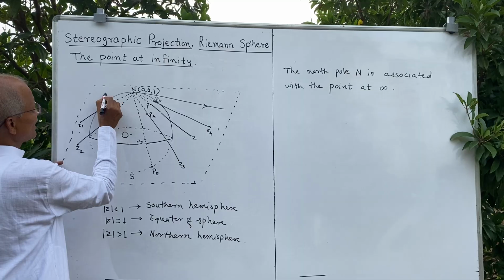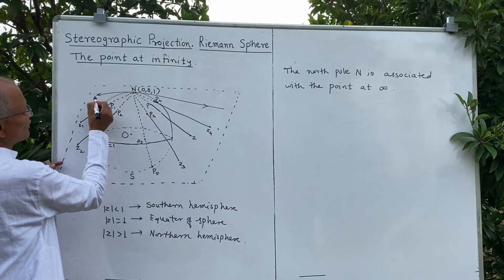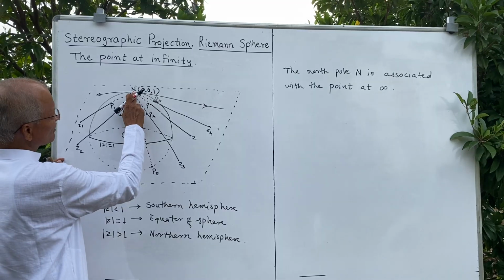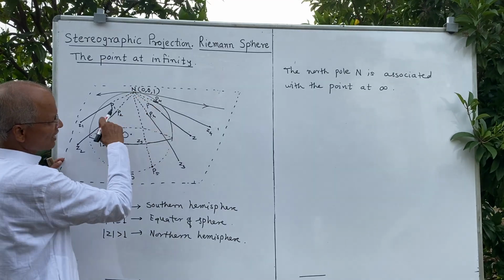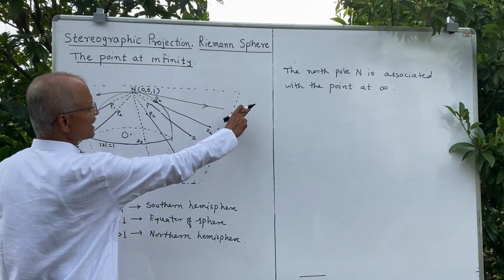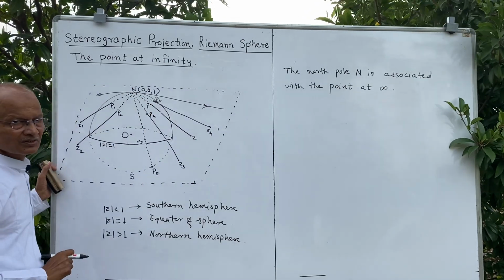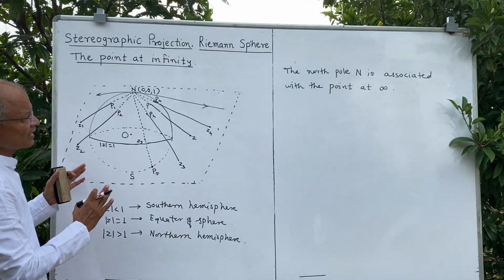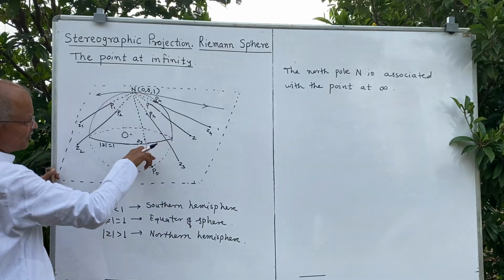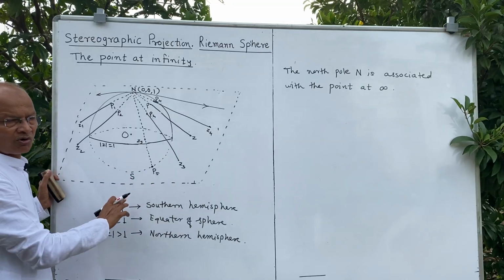So, here also this point will approach towards infinity, and because this will not cut the sphere in any other point, it is the only point N, and the points at infinity are associated with this N. In this way there is a one-to-one correspondence between the sphere and the extended complex plane.